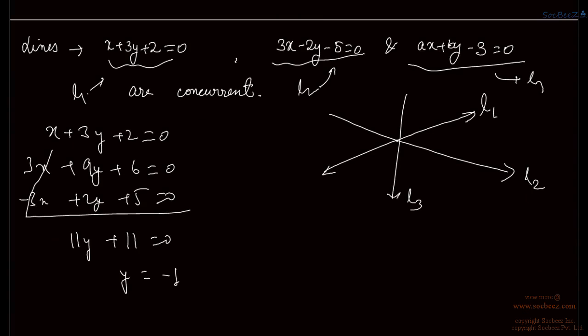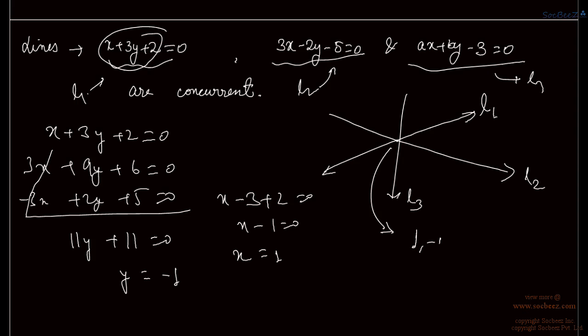Substituting this y in either of these equations, we will be getting x. Substituting here, x plus 3 times minus 1, x minus 3 plus 2 is equal to 0, or x minus 1 is equal to 0, so x is 1. So the point of intersection is 1, minus 1.